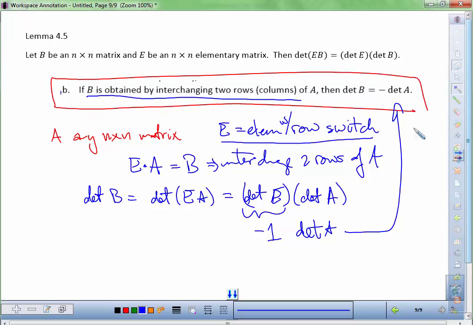All right, and so the book goes through a more rigorous proof of this than what I'm doing. So you should read the book. Okay, so this lemma leads to a more important theorem for determinants.